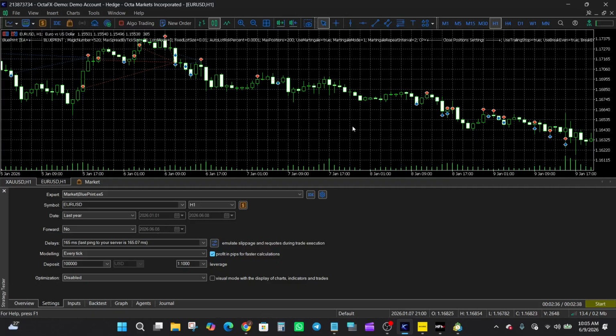So make sure to perform your own optimization and forward testing so that you can determine whether the EA aligns with your personal trading objectives and risk tolerance. Remember that past performance does not guarantee future results, and no expert advisor is foolproof.